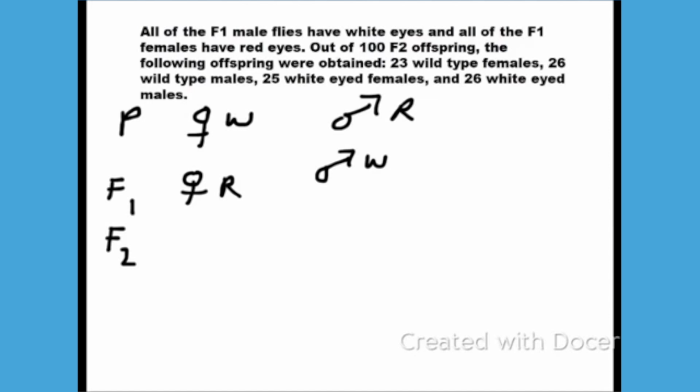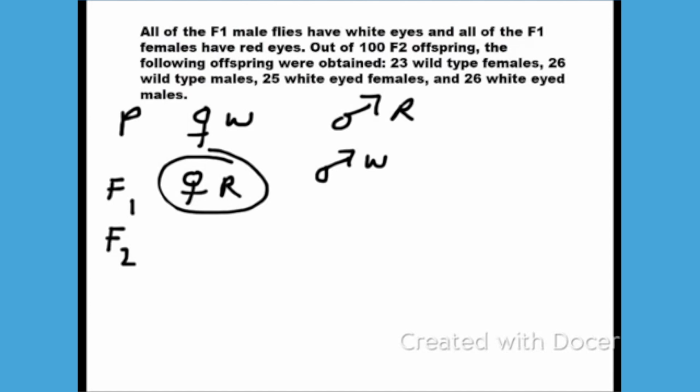And really the key to figuring this out in terms of the mode of inheritance is to look at this offspring right here. The first clue for a mode of inheritance should be that at least between the P generation and the F1, males and females seem to be affected by this trait in different ways.